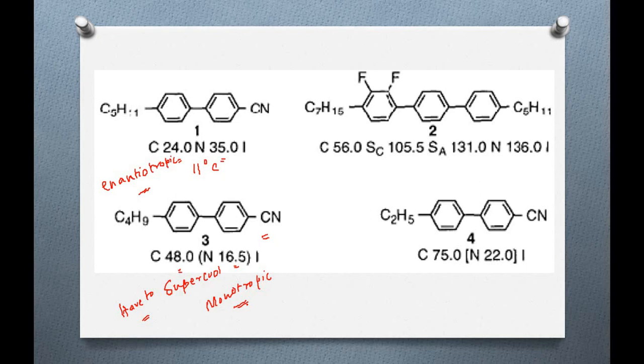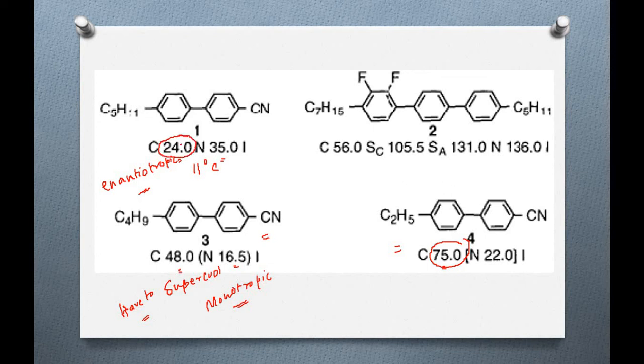On the other hand, finally, let us look at this compound 4. Compound 4 is an interesting material. It melts at a relatively higher temperature. So this is the melting point. After the crystal, the temperature that is written here is the point where the solid becomes liquid.